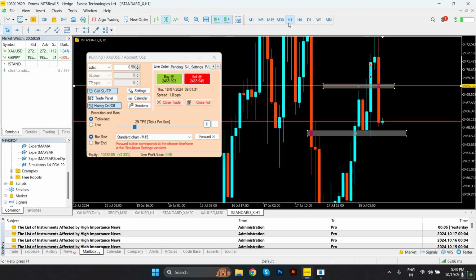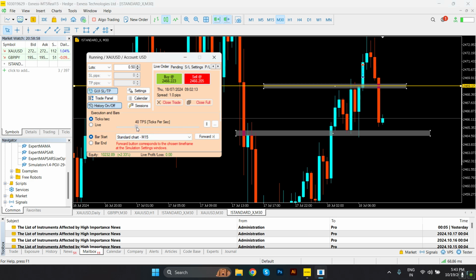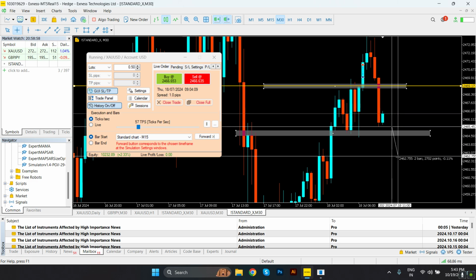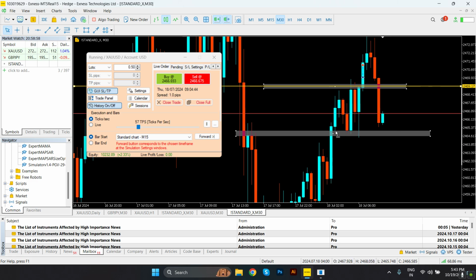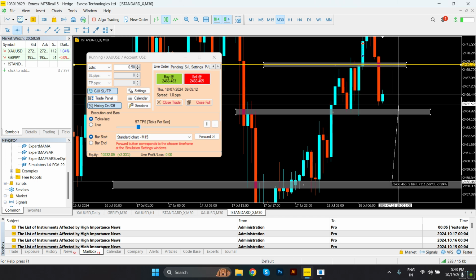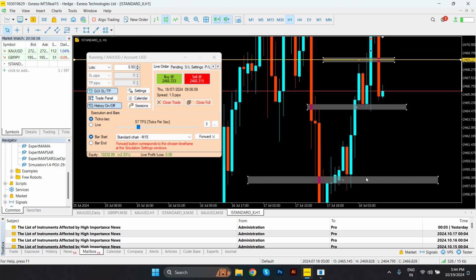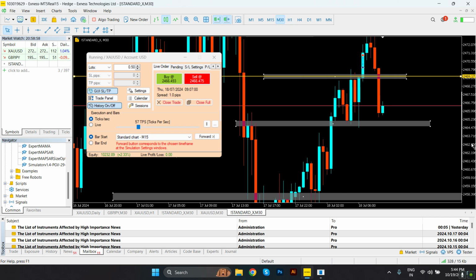We continue pushing to the downside. Let's just speed it up. This breaks, wick broken. There is a probability the price will not respect this support. It will just drop down till this 24.58 area, I think so.